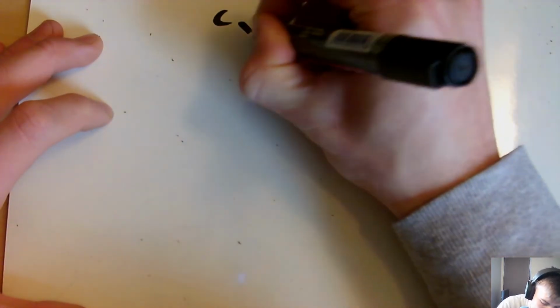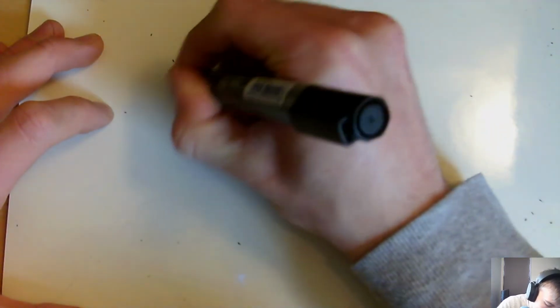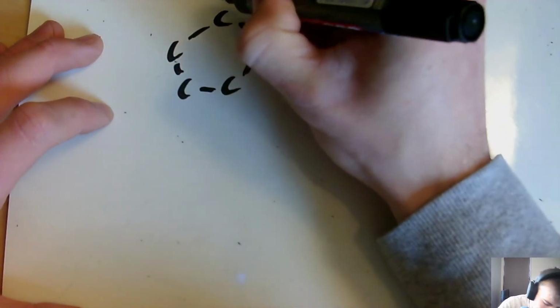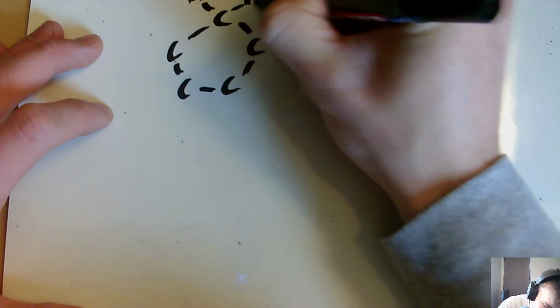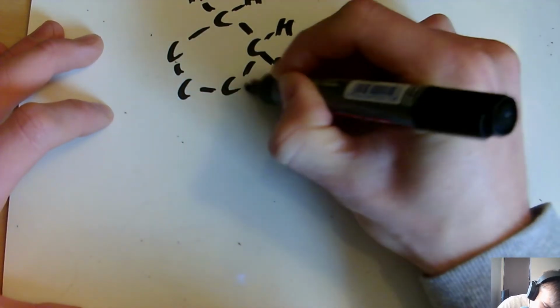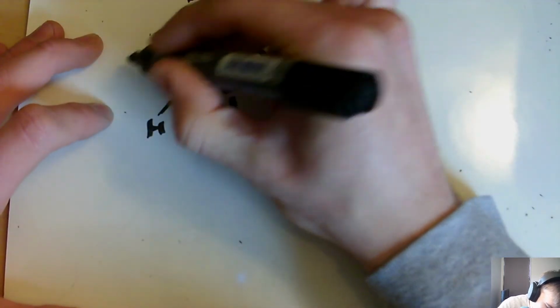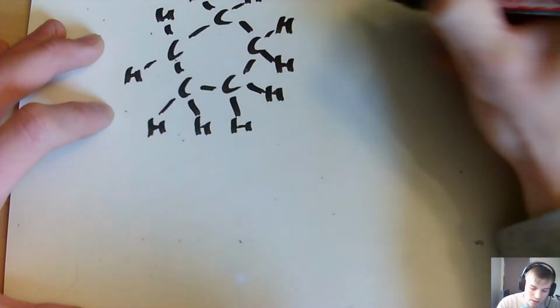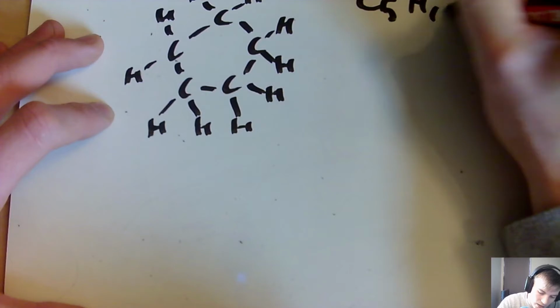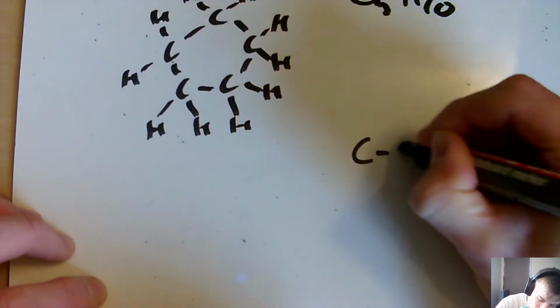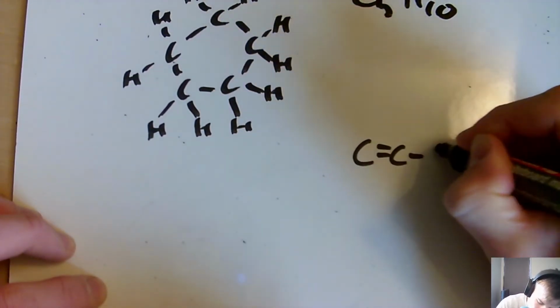So for instance, if I go again with another cycloalkane, sorry. And draw this. Okay, this is C5H10. I can draw myself a little pent-1-ene.